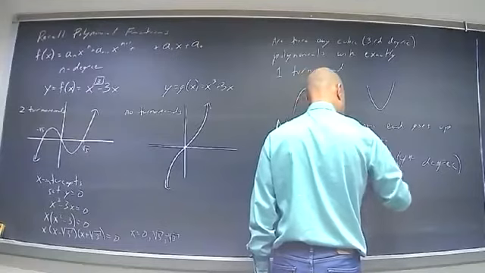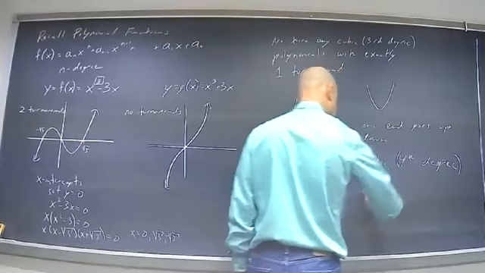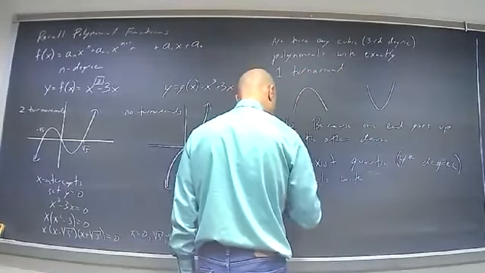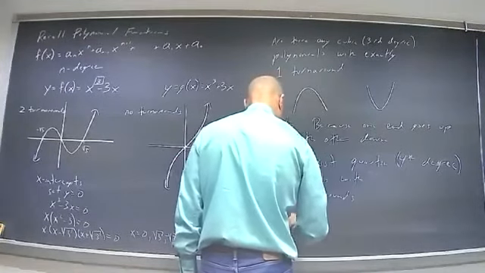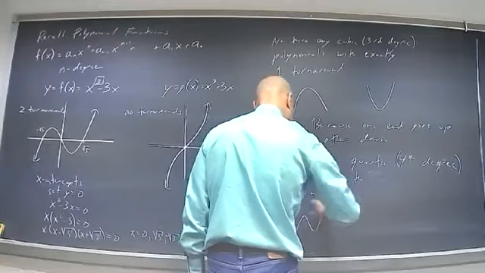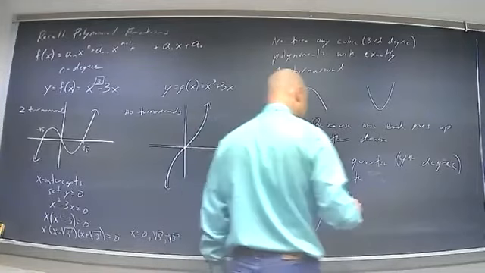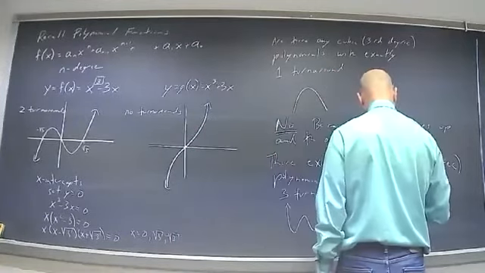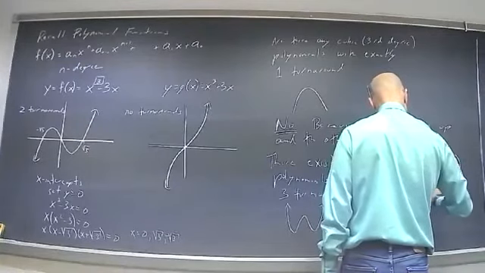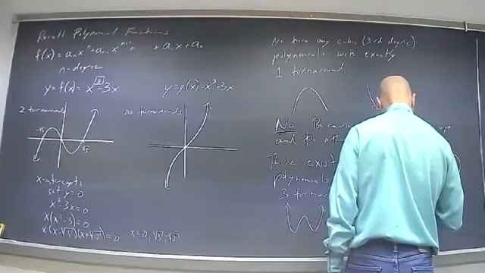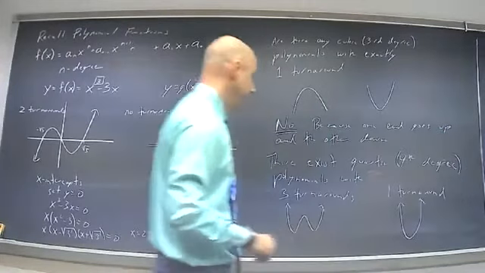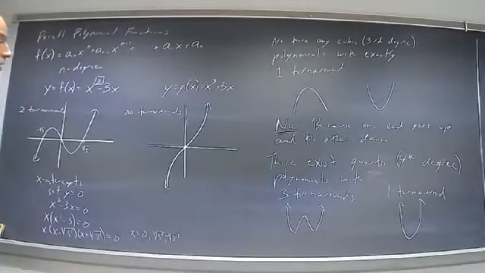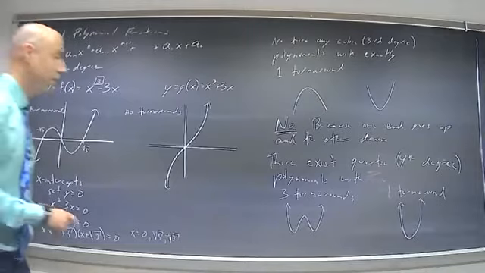With 3 turnarounds, shaped like, say, a W or an M if you wanted to turn it upside down, and 1 turnaround. You know, y equals x to the 4th just has 1 turnaround, shaped a lot like a parabola.